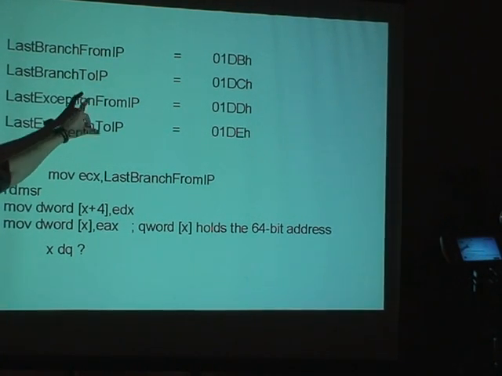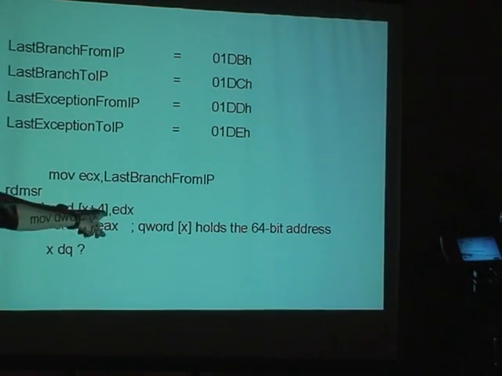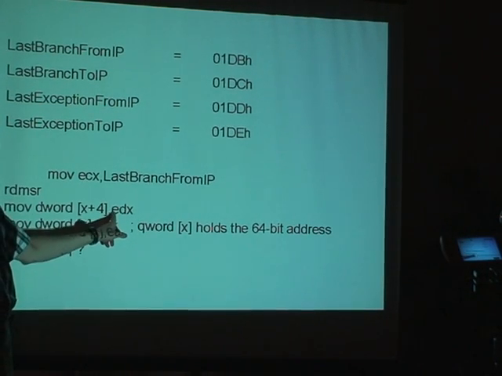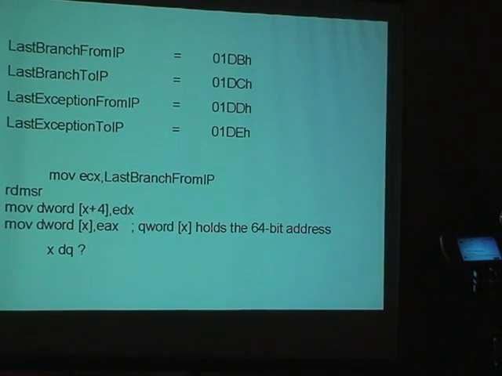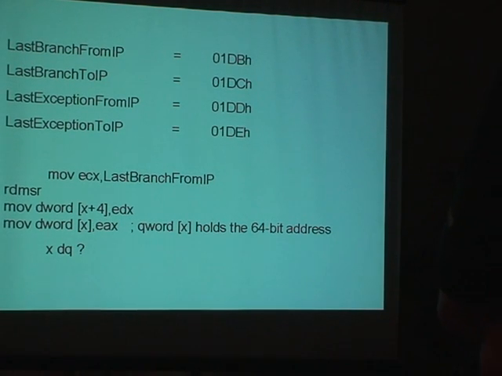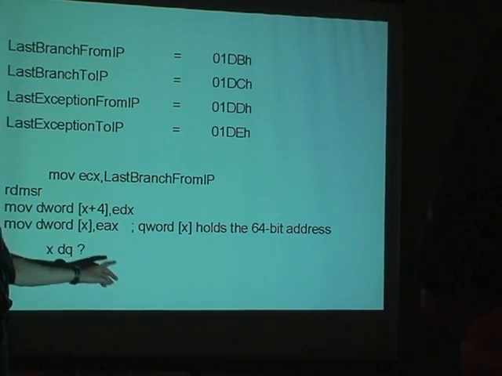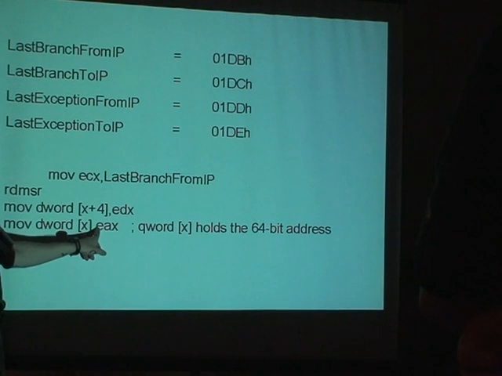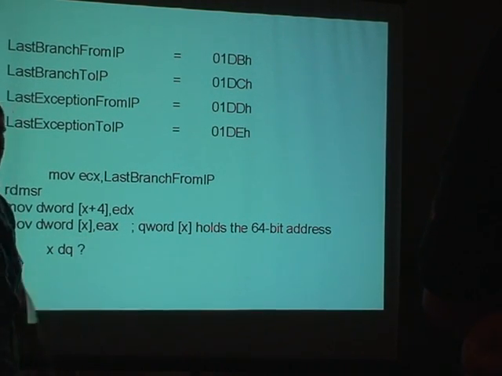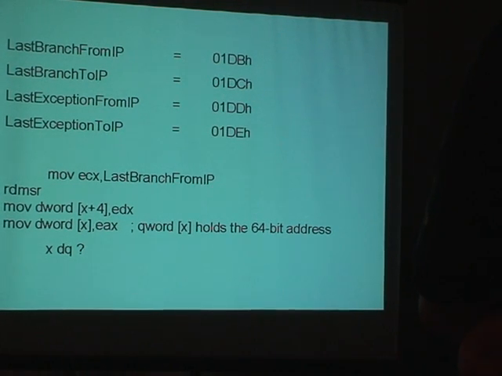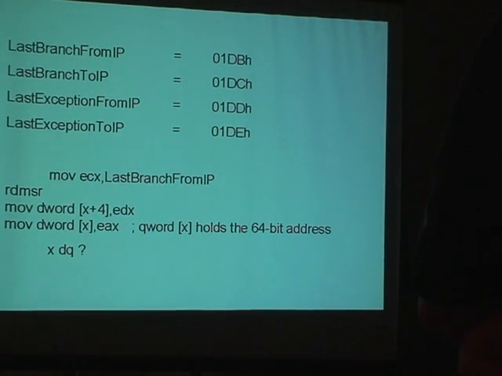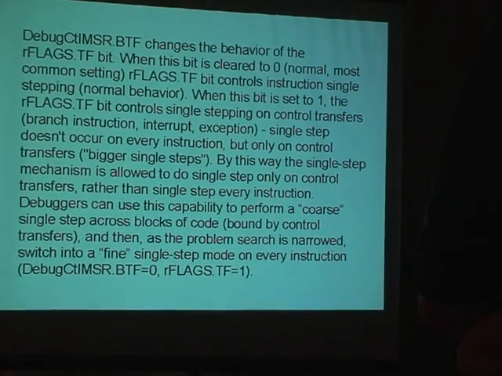Because the address is 64 bits, the higher half is recorded in EDX, and the low double word is in EAX. And put together, the address is 64 bits.